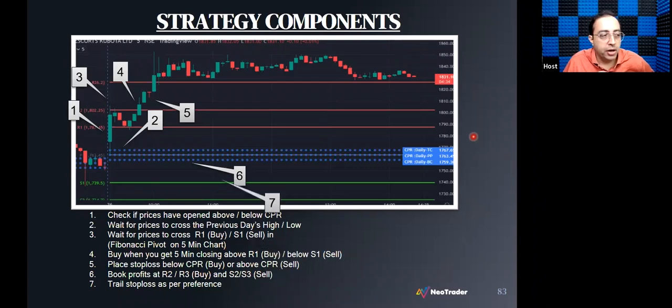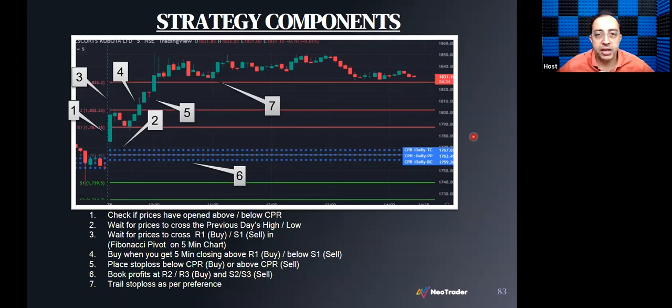Now, when you are booking profit at R3, that is your trade number 1. It may so happen that the prices move beyond your R3.